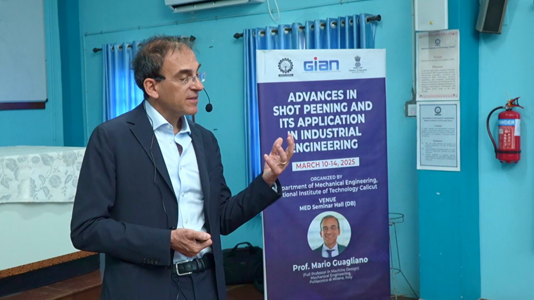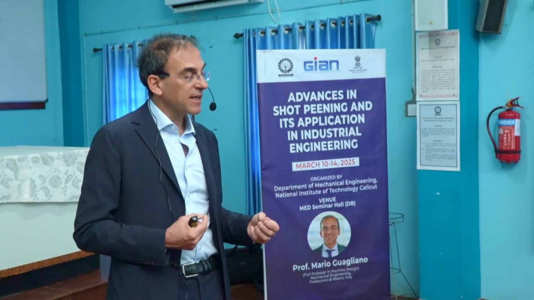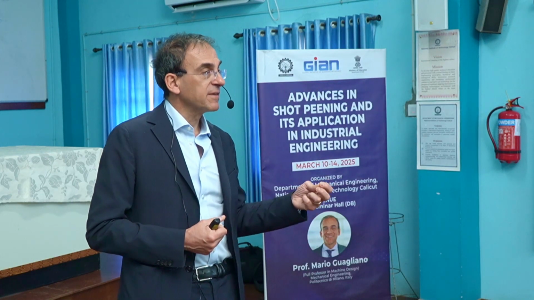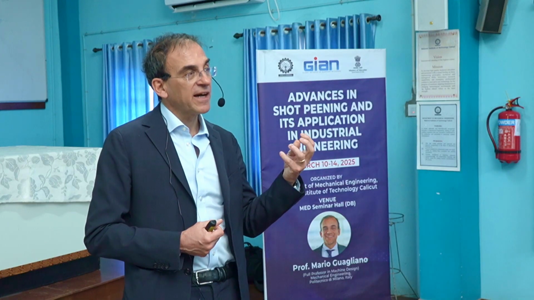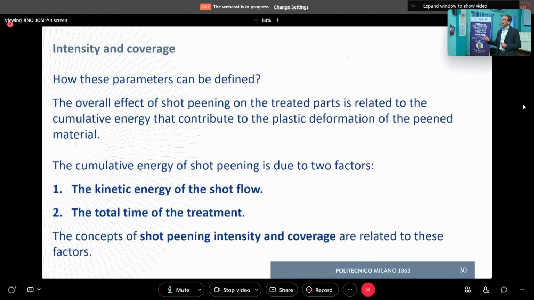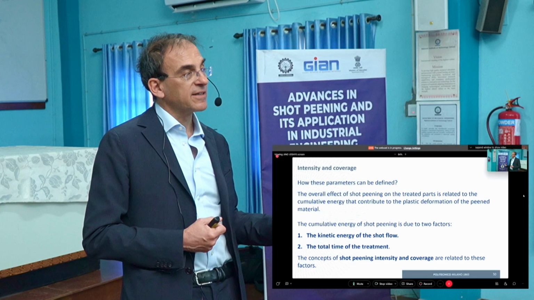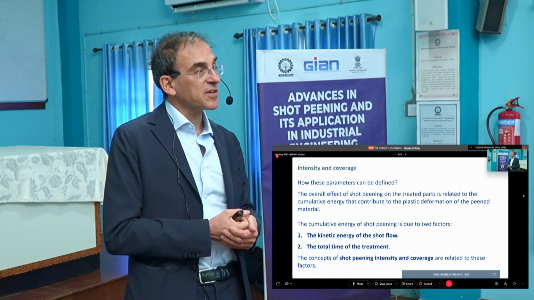Okay, and the cumulative energy that is used for shot peening can be considered as the driving force leading to some result. So the parameters we need to define the way shot peening is done must be related somehow to the energy we are introducing, the impact energy, the plastic deformation energy we are introducing in the part.